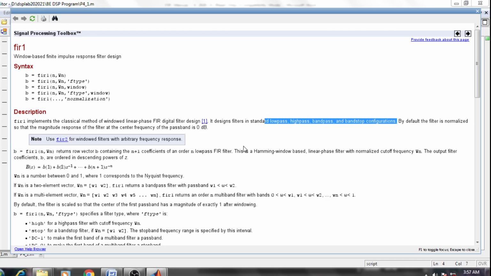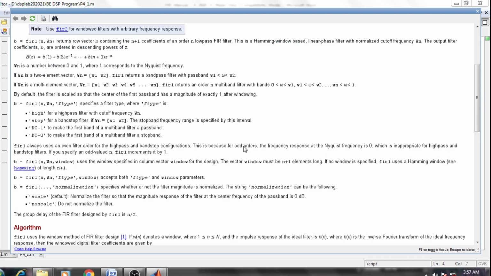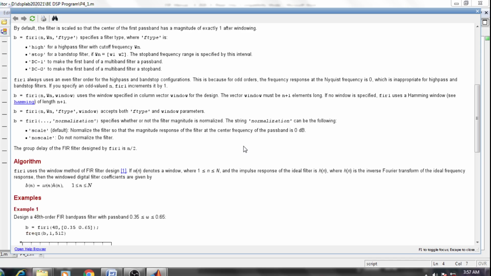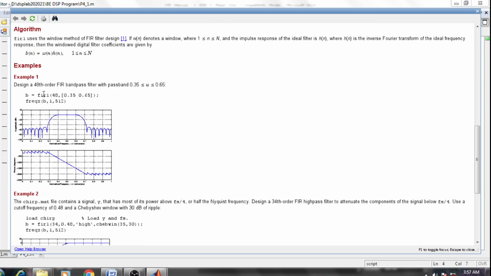If you look at this function in detail, you will find examples given. If you want to design the filter, the order will depend on the given value within a limit. That limit is the pass band limit.